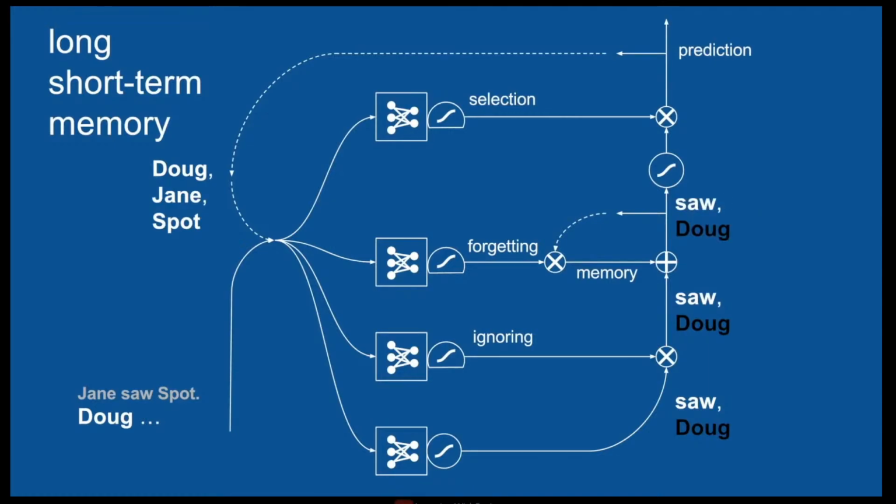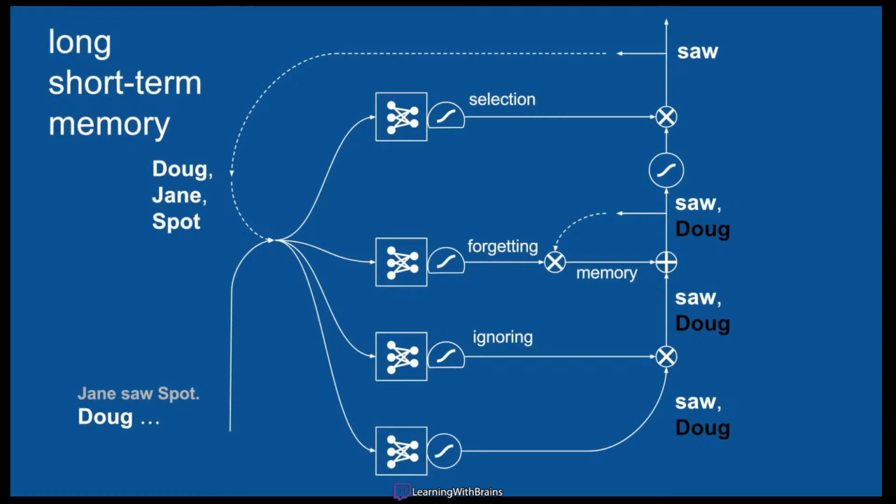The selection mechanism here has learned that when the most recent word was a name, what comes next is either going to be the word saw or a period. So it blocks any other names from coming out. The vote for not Doug gets blocked here, and the word saw gets sent out as the prediction for the next time step.